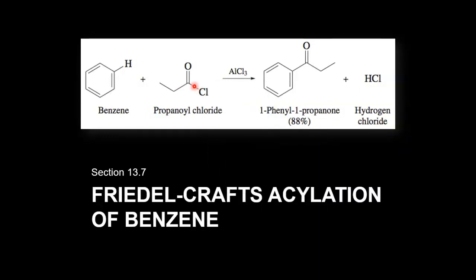This group, the C=O double bond, is a carbonyl group, and this carbon we call the carbonyl carbon. The carbonyl carbon also connects to a halogen, usually chloride. Compounds with a carbonyl carbon connected to chlorine we call acyl chloride, A-C-Y-L, acyl chloride. Okay?